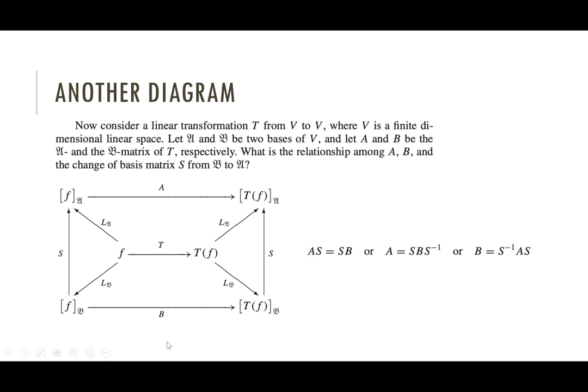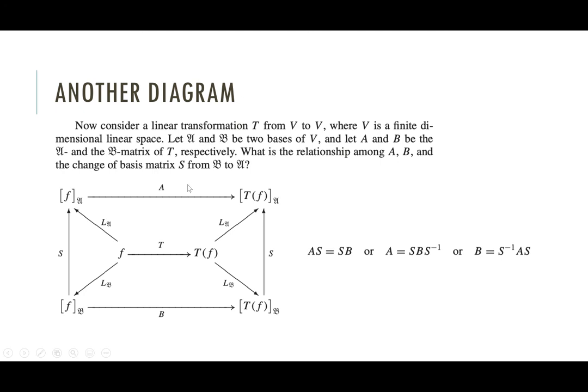Okay, so what are we saying? Let's suppose we start with F written in B coordinates. Then to find B in terms of A and S, first we do S, then A, then S inverse. So this is saying that to get B, you first do S, then A, then S inverse.